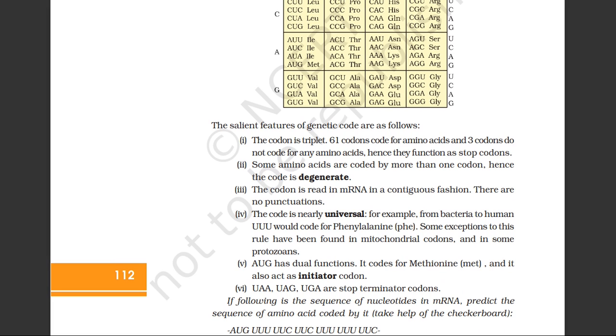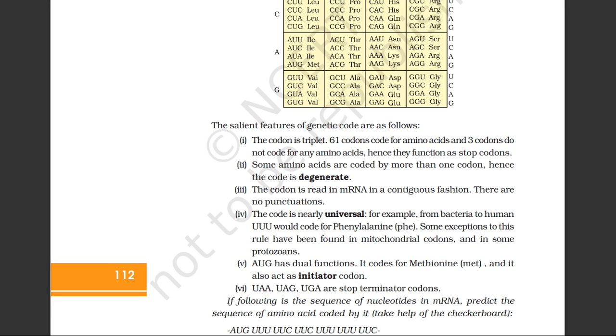The salient features of genetic code are as follows. 1. The codon is triplet. 61 codons code for amino acids and 3 codons do not code for any amino acids, hence they function as stop codons. 2. Some amino acids are coded by more than one codon, hence the code is degenerate. 3. The codon is read in mRNA in a contiguous fashion.